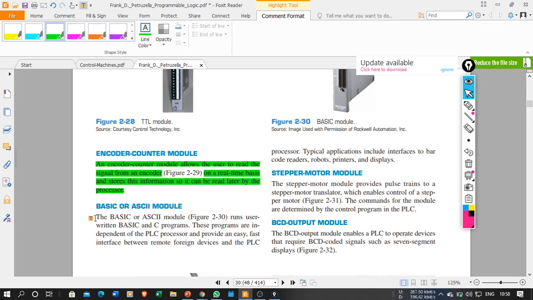Next is the BASIC or ASCII module. ASCII means American Standard Code for Information Interchange.